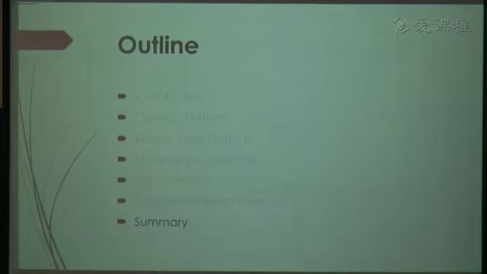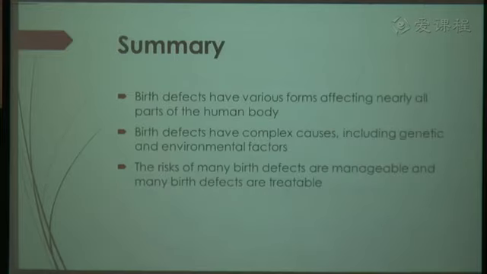And finally, I'm going to summarize this class. So basically, in this class, I gave you a brief introduction of birth defects, what they are, how they are formed, how common they are, and what kind of treatments or diagnosis we can do. And actually, one of the most important things is prevention.